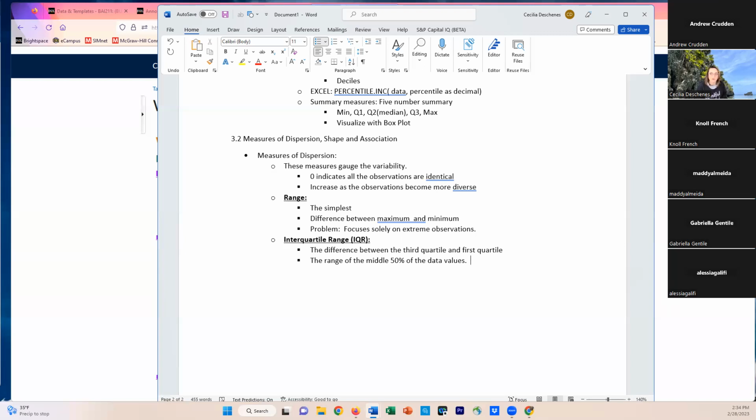And that is much more valuable to know. Not as influenced by extreme values.